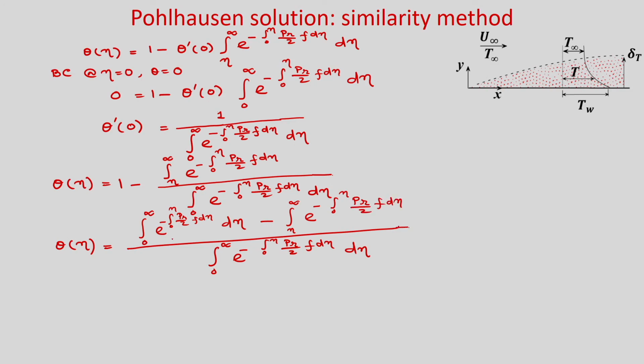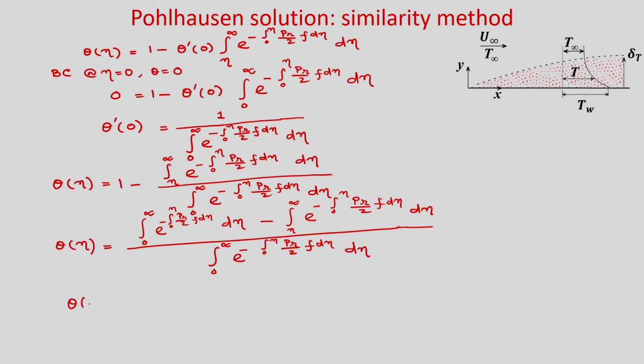Okay. So, you can see another d eta will be here, another d eta will be here. So, now you can see this integrand is same in both the integrals, but the limits are different, 0 to infinity and eta to infinity. So, if you subtract that, so obviously you can get 0 to eta.